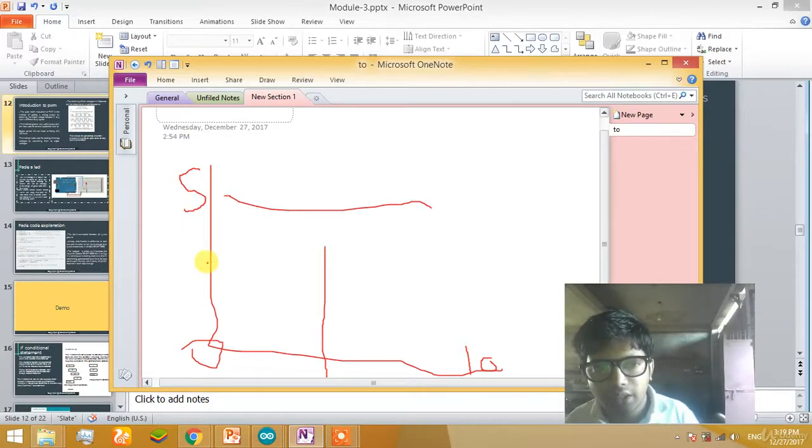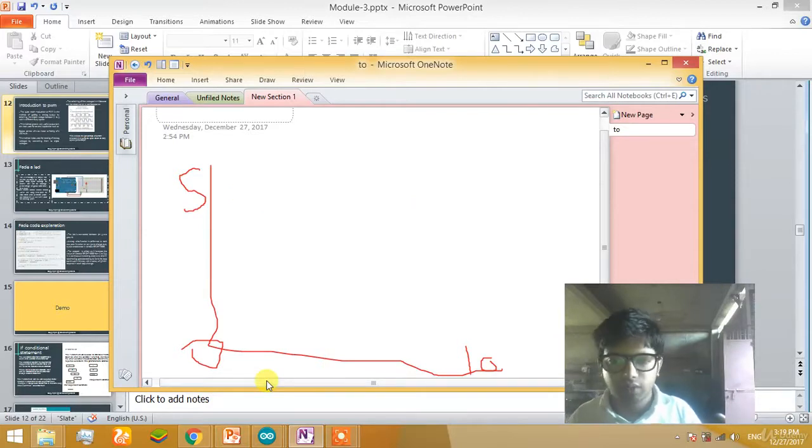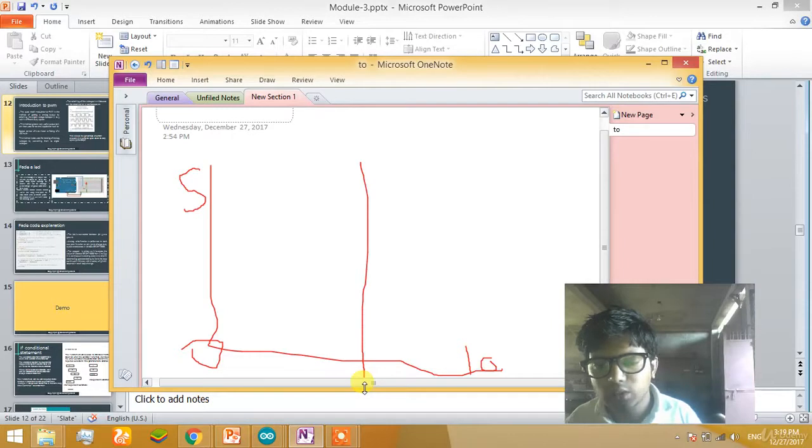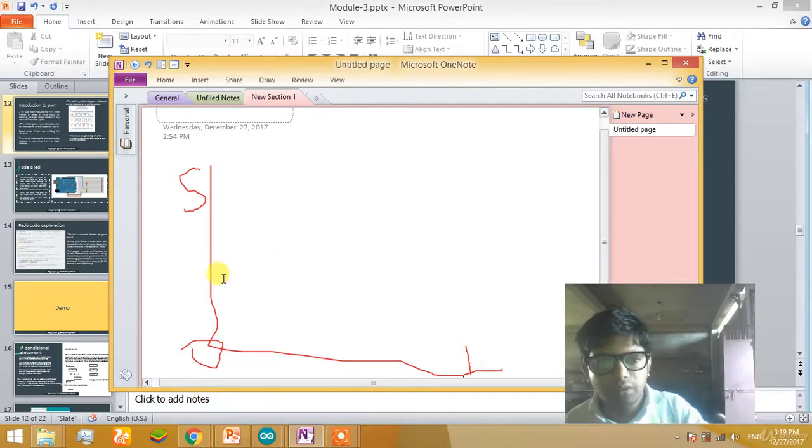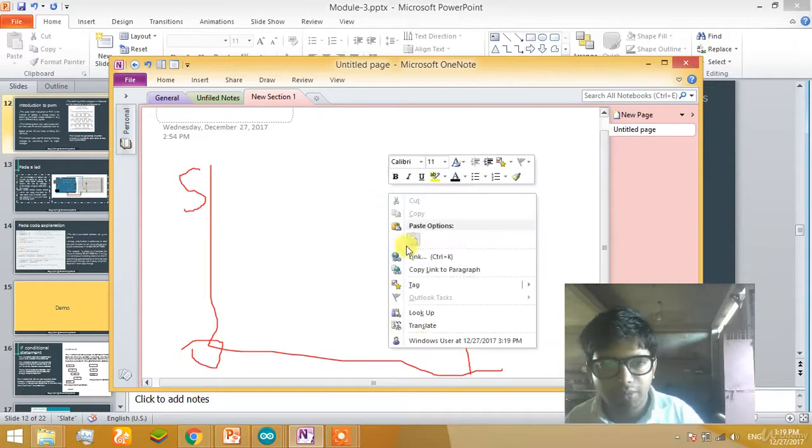You can see here are the 2 duty cycles that we are discussing.